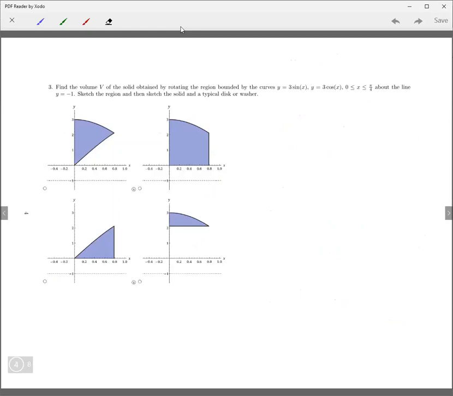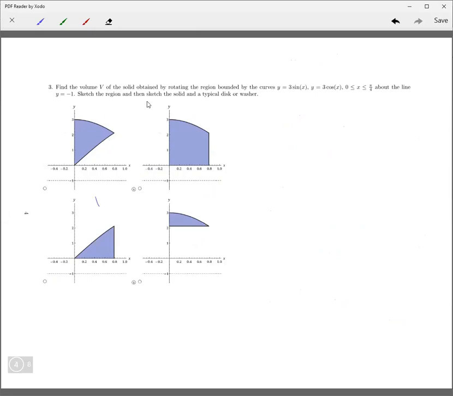Okay, so number 3: find the volume V of the solid obtained by rotating the region bounded by the curves y equals 3 sine x, y equals 3 cosine x, between 0 and pi over 4, about the line y equals -1. Sketch the region and then sketch the solid and a typical disk or washer.